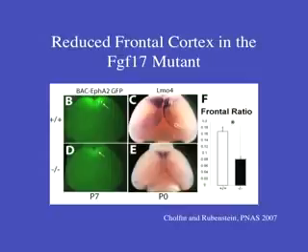So this FGF17 mutant has this green marker of the frontal cortex. This is a wild-type frontal cortex that expresses FA2, and this is FGF17 mutant frontal cortex that has less surface area that's strongly labeled by the GFP fluorescence.